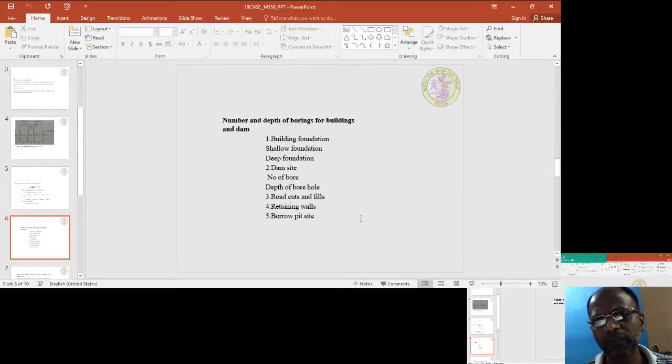So when we are doing the soil exploration, the first thing we have to keep in mind is the depth up to which we have to make a borehole. If I simply do a borehole for 30 meter depth, it does not have any use, because the significant depth may end at 5 meter.